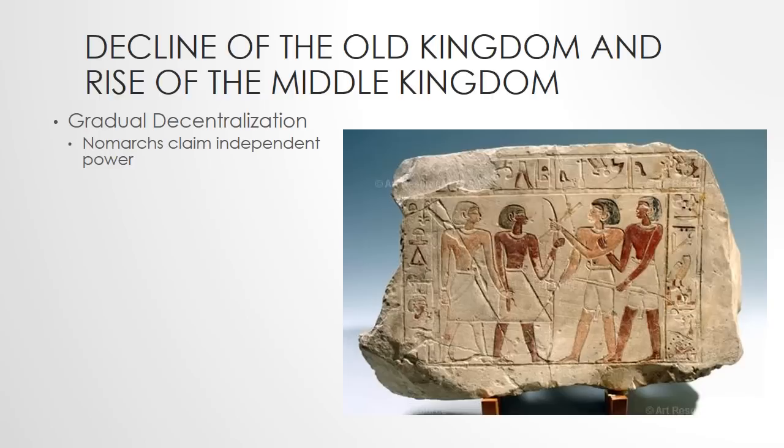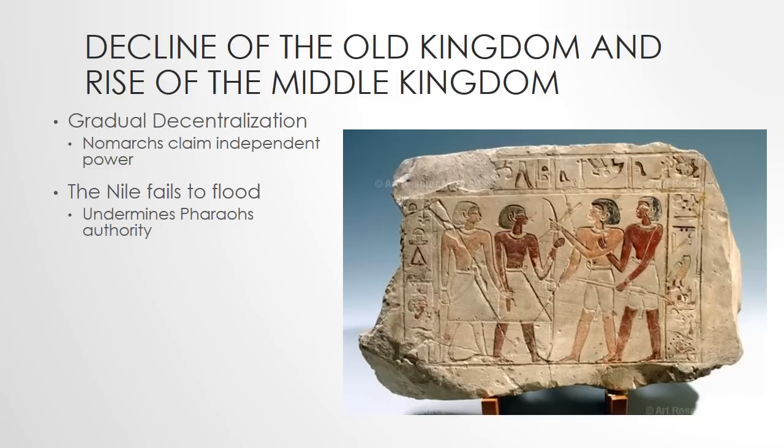The Old Kingdom begins to decline with a gradual rise of decentralization, and this is the opposite of centralization. As time goes on, the nomarchs begin to claim independent power. That is, they stop listening to what the pharaoh and the vizier tell them to do. Also, for a certain number of years, the Nile fails to flood for reasons that we don't understand. This undermines the pharaoh's authority because the Egyptians believed that the pharaoh was the one who caused the Nile to flood.